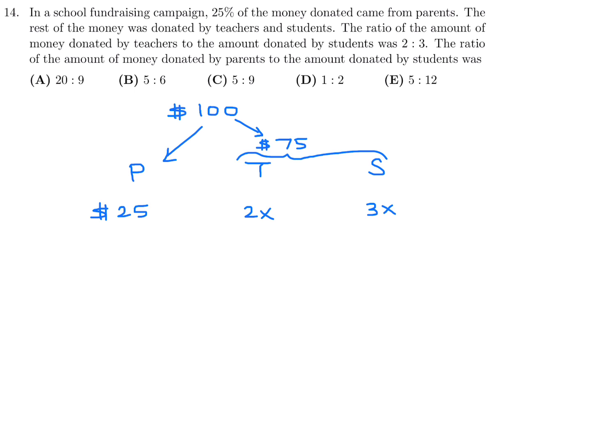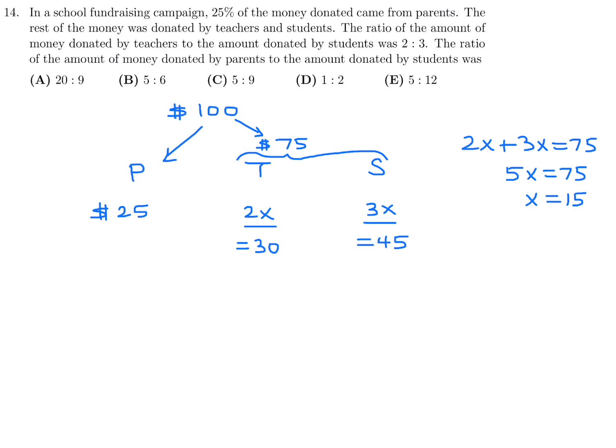The amount raised by the teachers and the students, 2x and 3x, is $75. So 2x plus 3x is 75. So 5x is 75, so x is equal to 15. So this 2x is 30, and this 3x is 45.